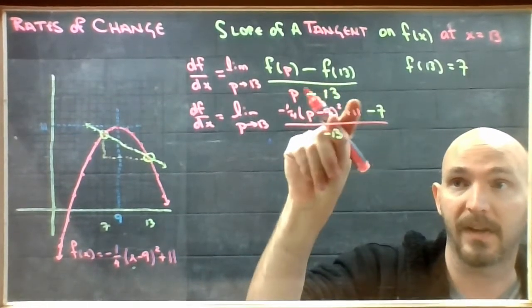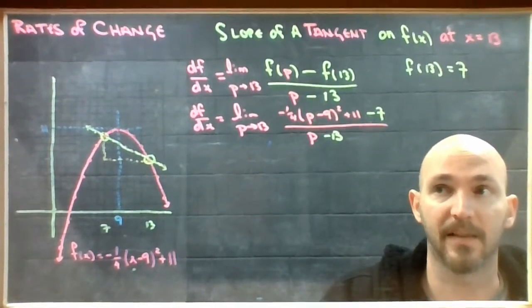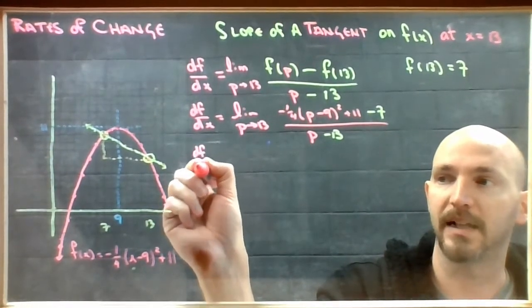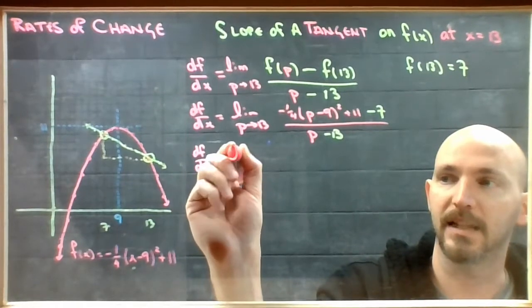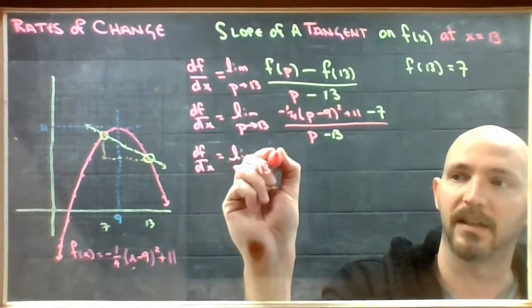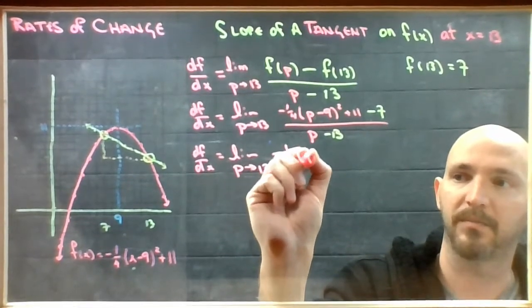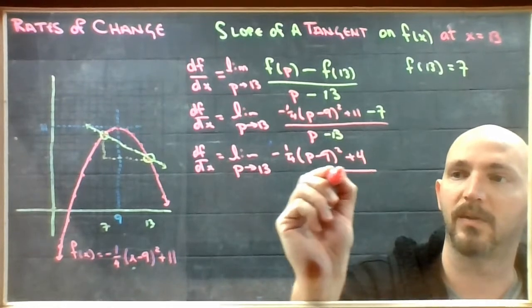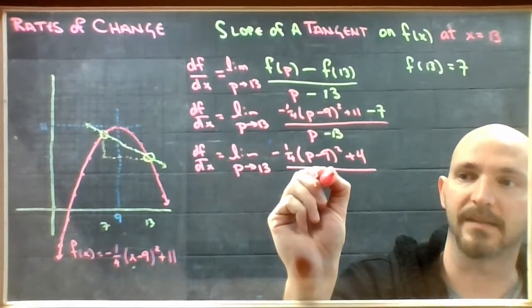Now I can simplify this a little bit. 11 minus 7 is 4. So I end up with df by dx is the limit as p goes to 13 of minus 1/4 (p minus 9) squared plus 4 over p minus 13.